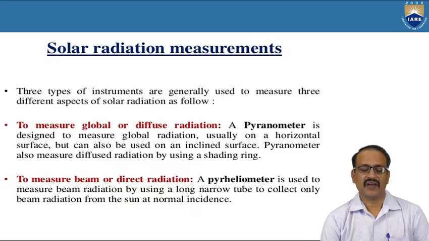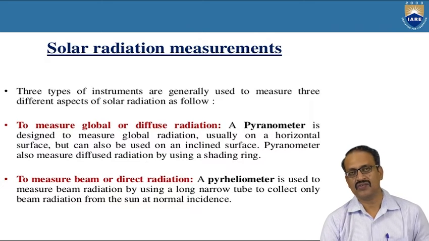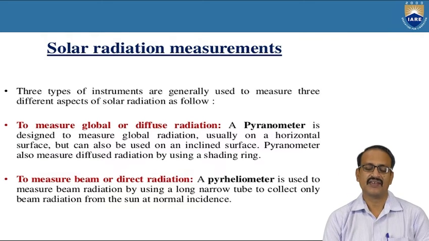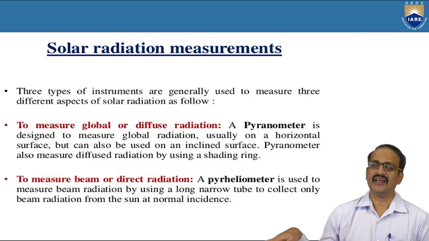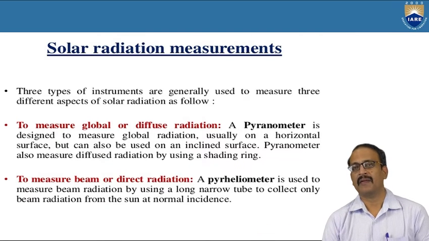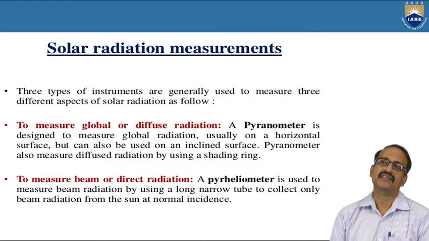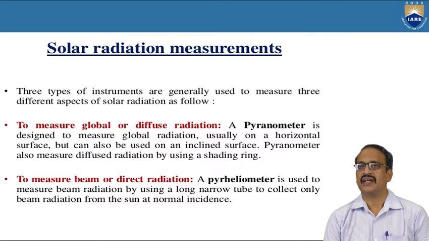So the first thing is the pyranometer, which is used to measure the global or diffuse radiation. A pyranometer is designed to measure global radiation, usually on a horizontal surface, but it can also be used on an inclined surface. Generally, we will select a horizontal surface, but in some cases where it is needed, we use it on an inclined surface.